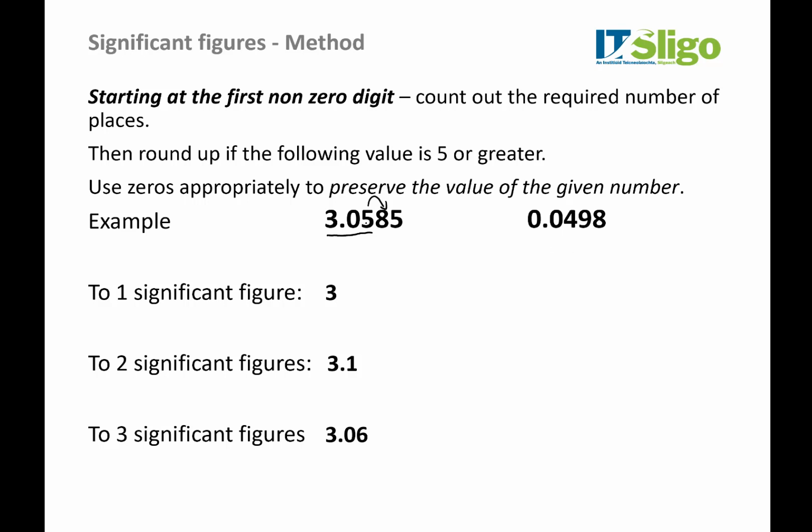So now have a go at this one again, to 1, 2, and 3 significant figures. To one significant figure, again, we round up, making sure we preserve the order of magnitude. To 2 significant figures, we'll round up. 49, the 9 gets rounded up to 10, so the 49 gets rounded up to 50.